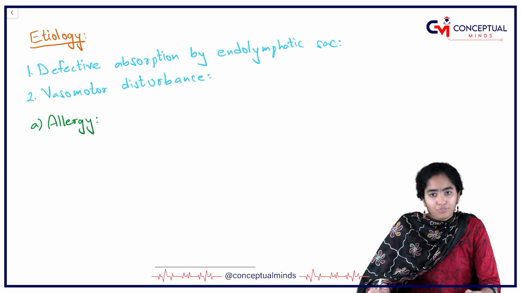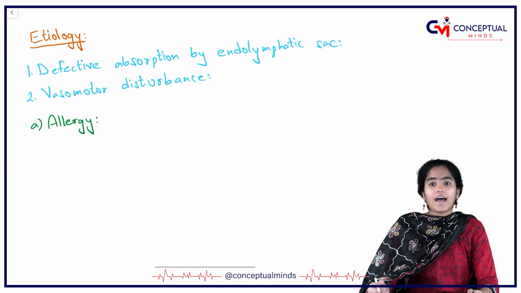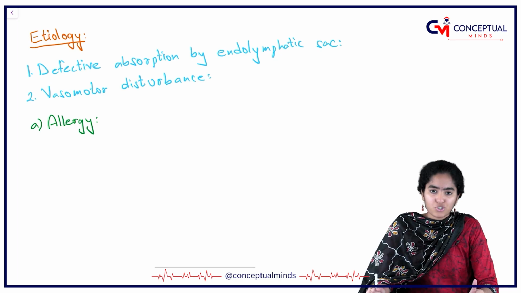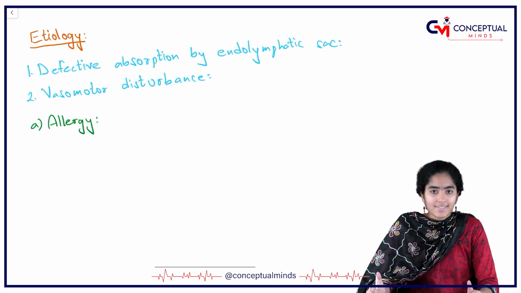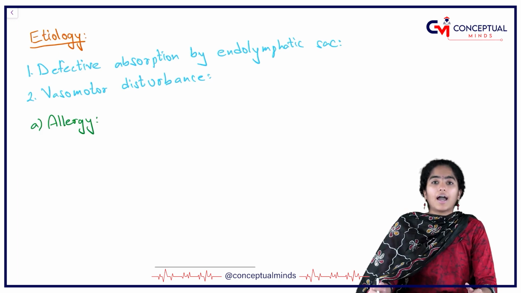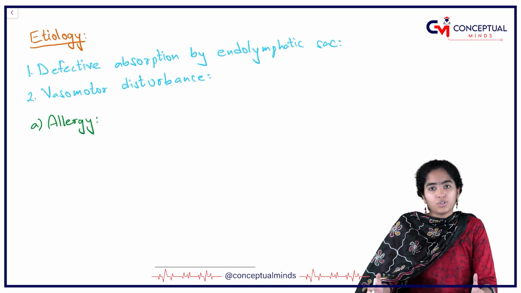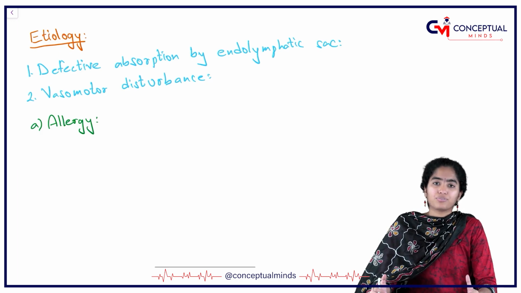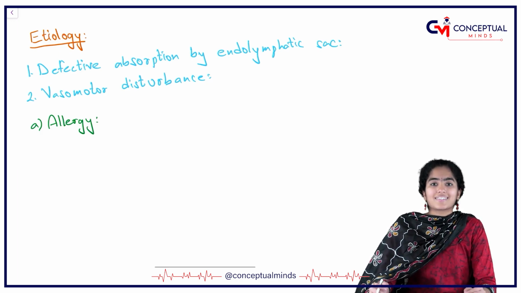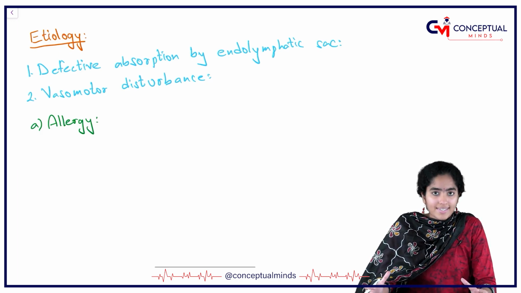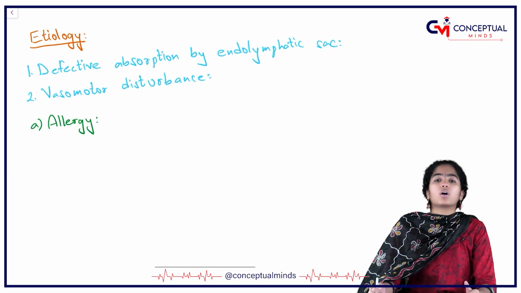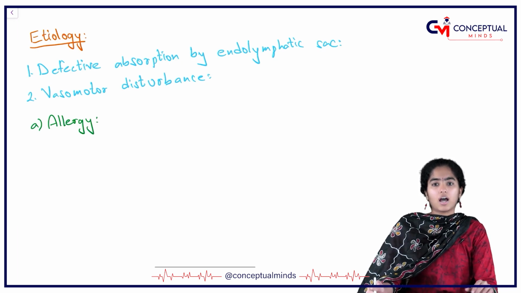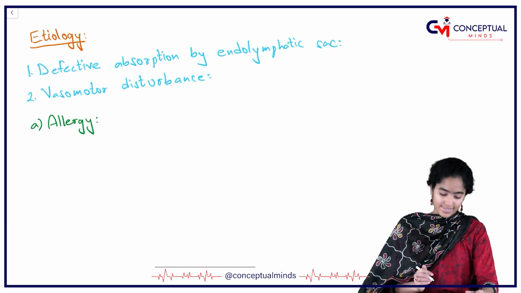At least half of the patients of Meniere's disease have a concomitant inhalational allergy or a food allergy. So it's possible that Meniere's disease is multifactorial, and the common final result of all the various pathophysiological reasons is distension of the endolymphatic system, which is causing the symptoms of Meniere's disease.